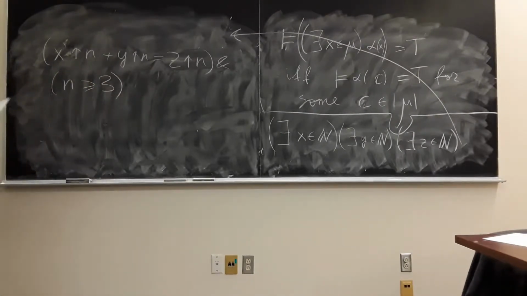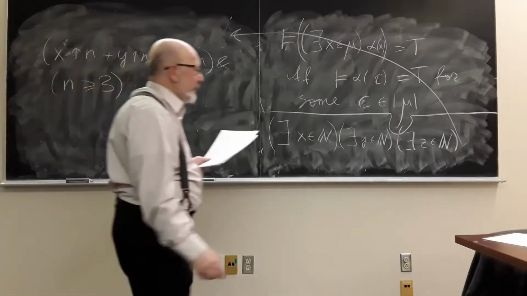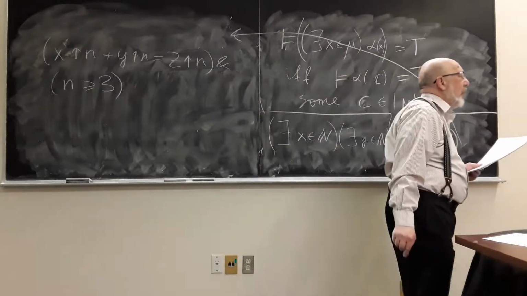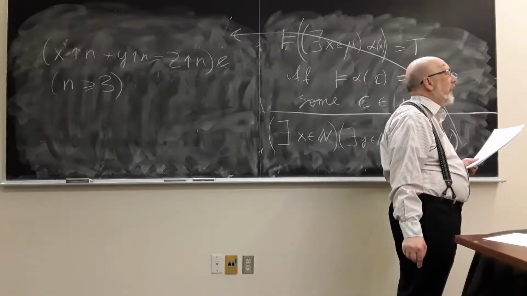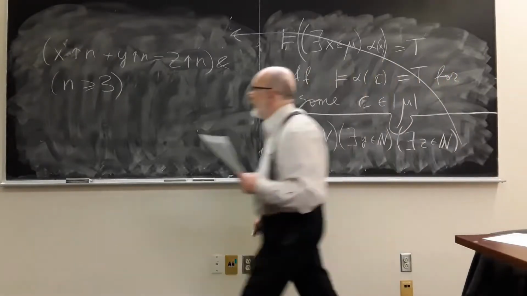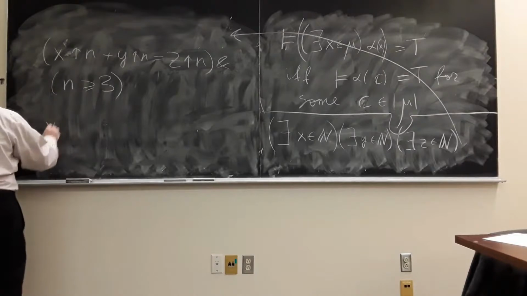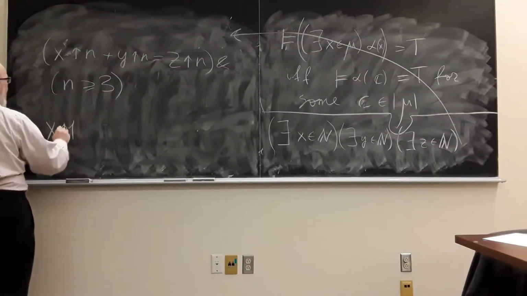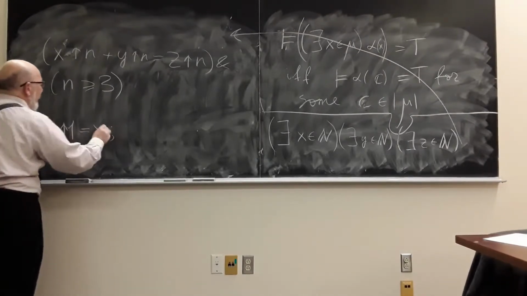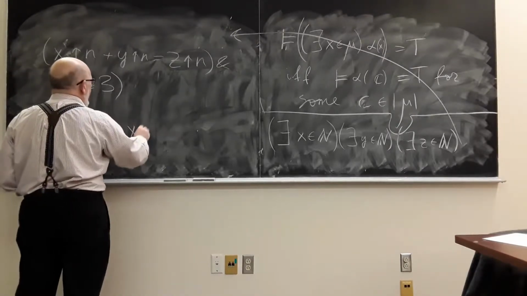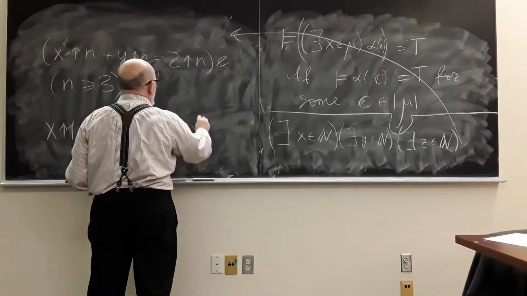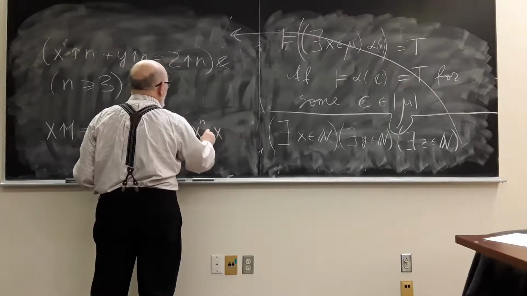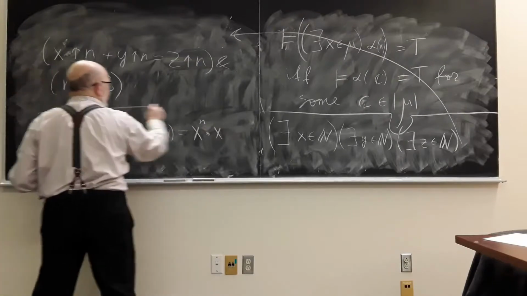Now here we have to define x to the power n. It is defined recursively. X to the power 1 equals x. X to the power n plus 1 equals x to the power n times x. For example, like this.